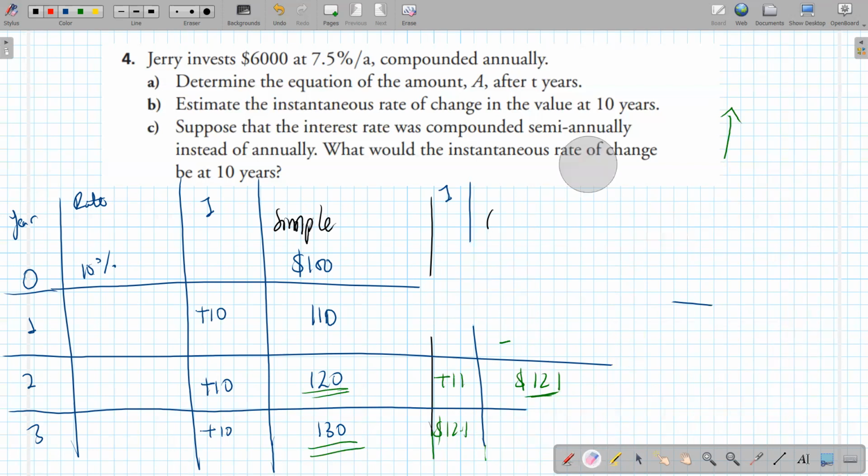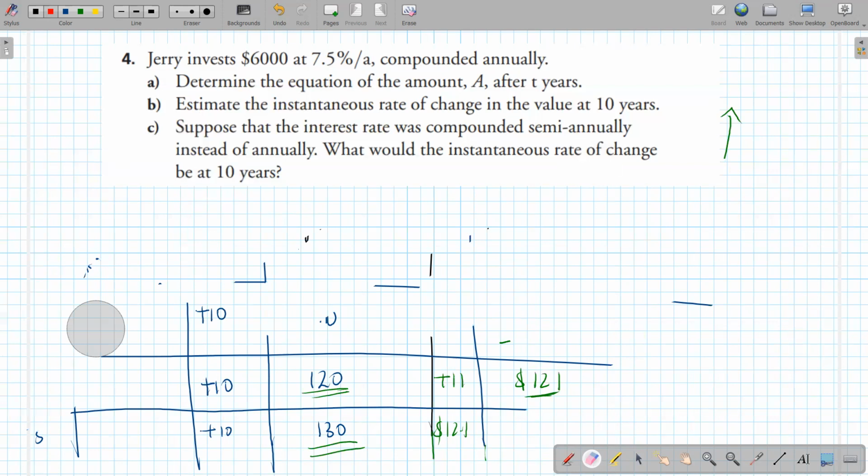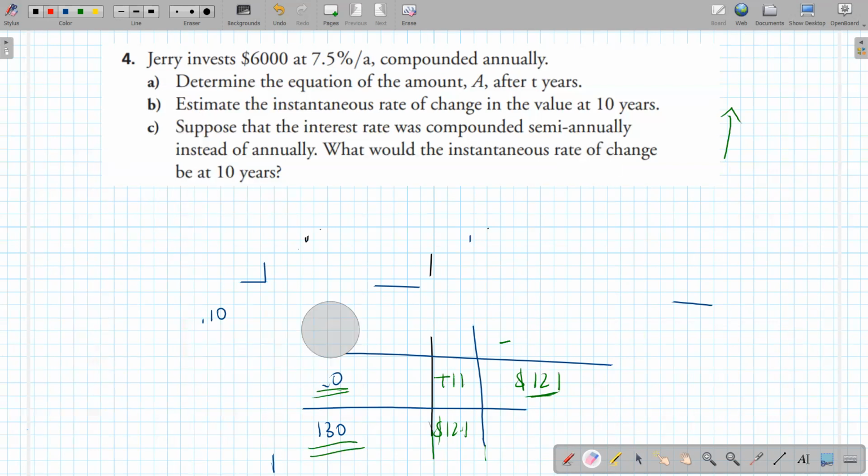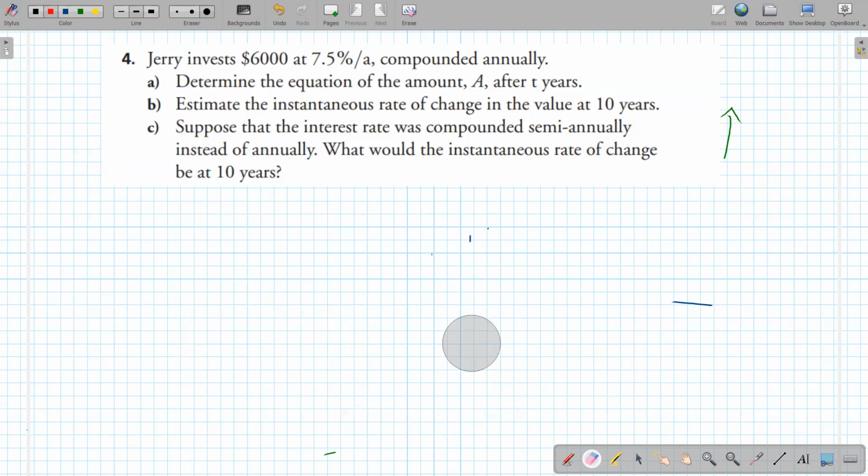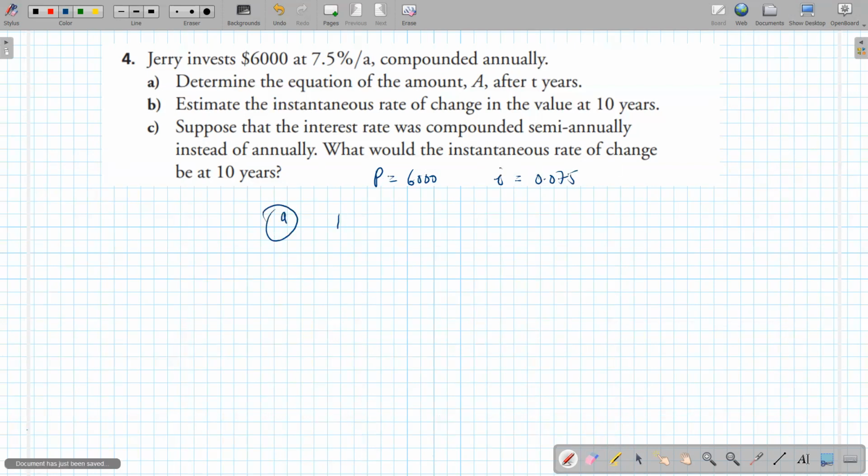So here they've given us the principal amount, which is 6,000. The interest rate is 0.075. Part A says determine the equation. This is the formula.